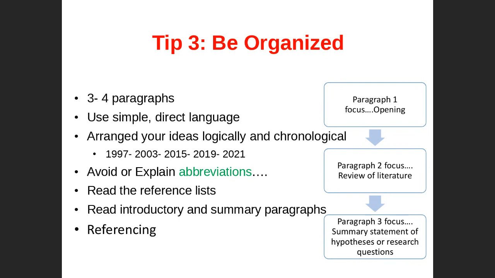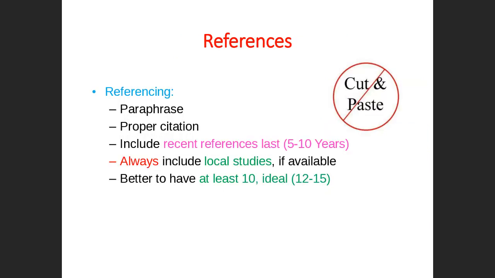Also you have to focus on the reference list. Sometimes from the references, while you're doing the literature review, you find additional papers that are interesting for you, then you go and read them. So it's very crucial to keep your reference list.